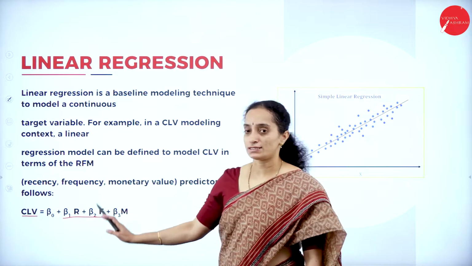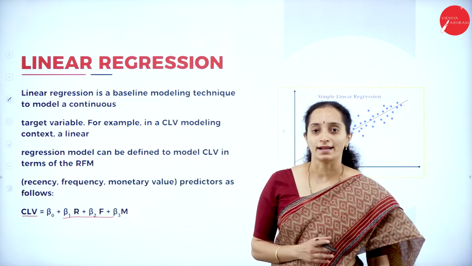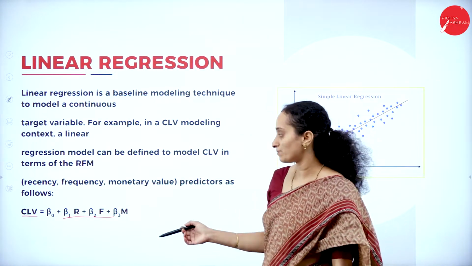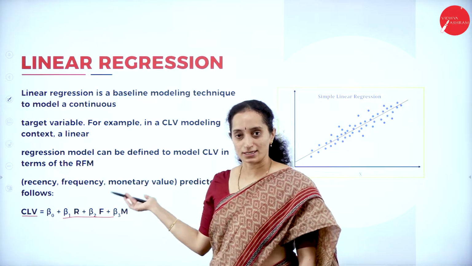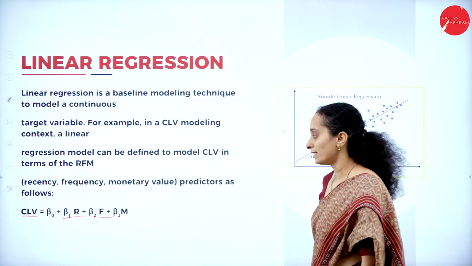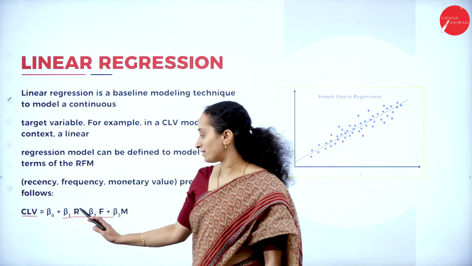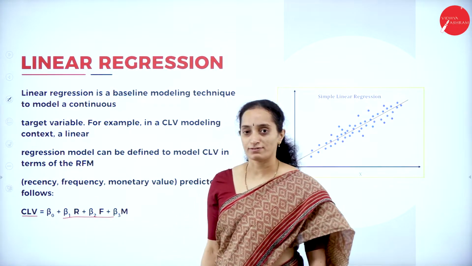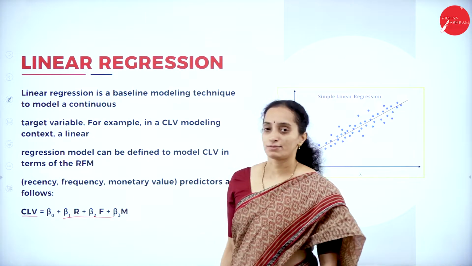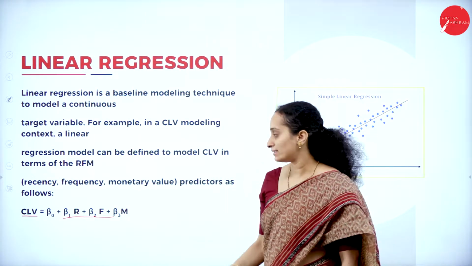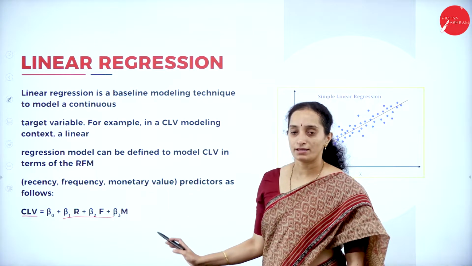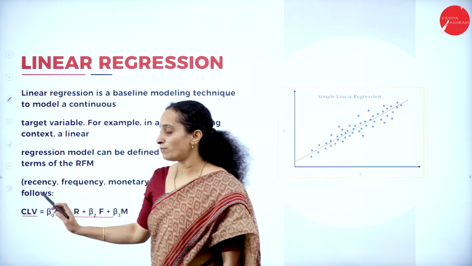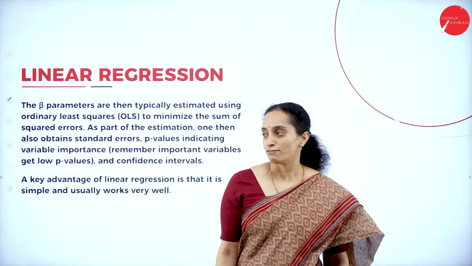Beta 0 and the other terms are the characteristics that we can use, like age, gender, all those characteristics. They will be multiplied with the recency of data, frequency of data and the monetary value of the data. All these things will be combined to form a customer lifetime value.